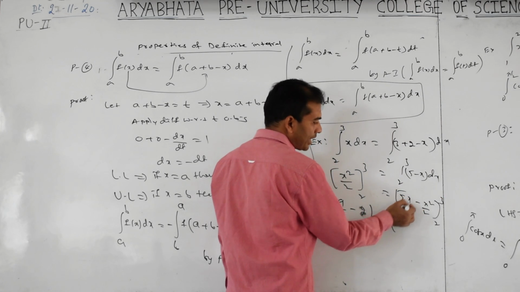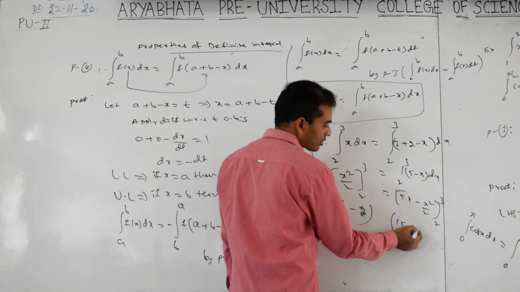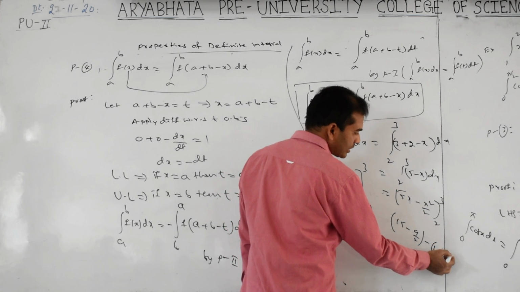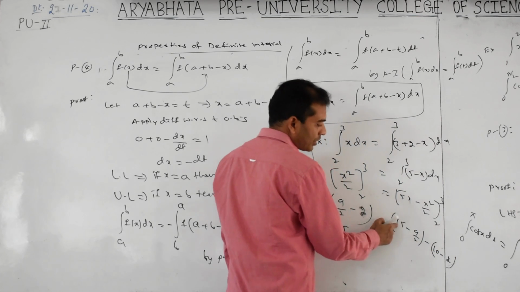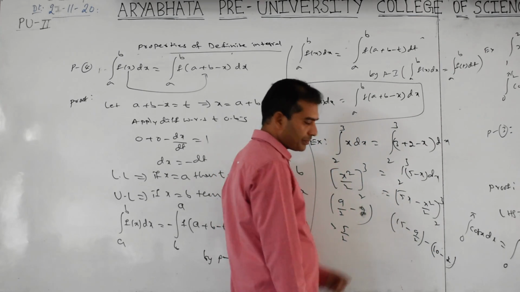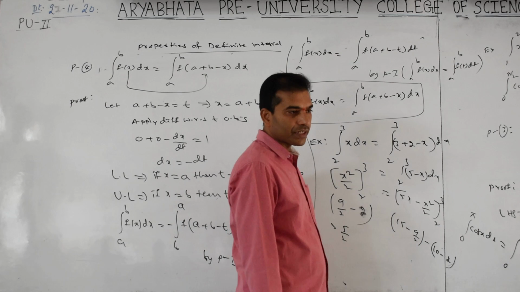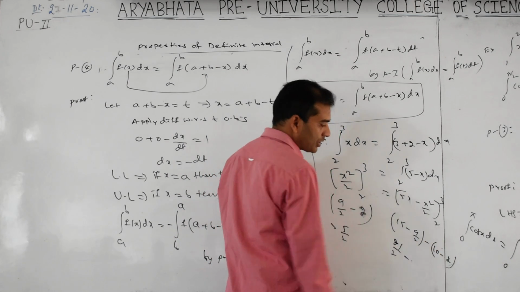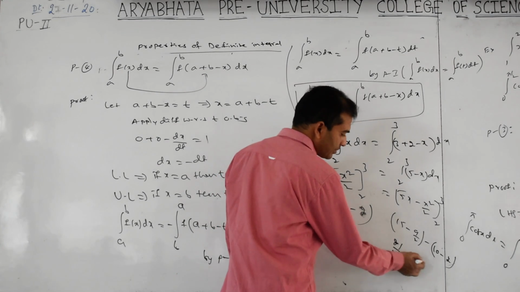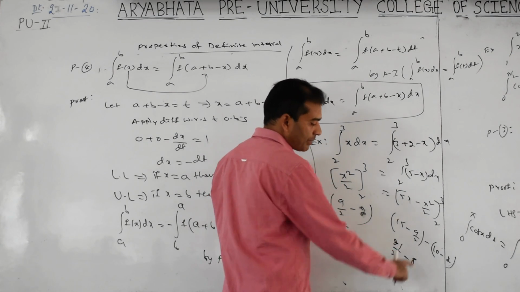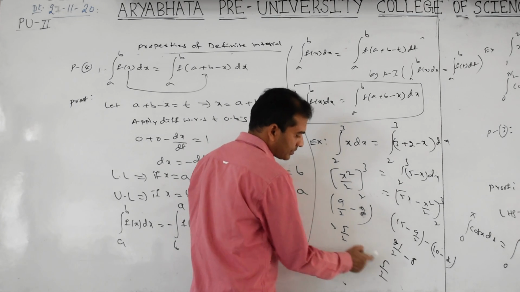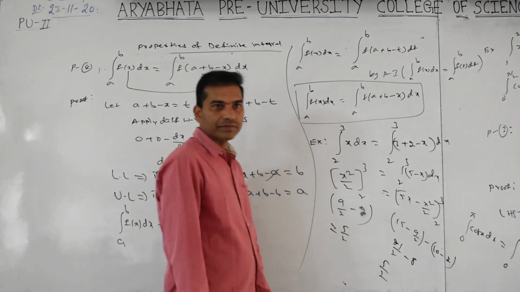Upper limit 5 into 3 is 15 minus 3 square 9 by 2. Lower limit 10 minus 4 by 2, 2. 15 into 2 is 30. 30 minus 9, 21 by 2 minus 10 minus 2, 8. 21 minus 16, 5 by 2. Same one.